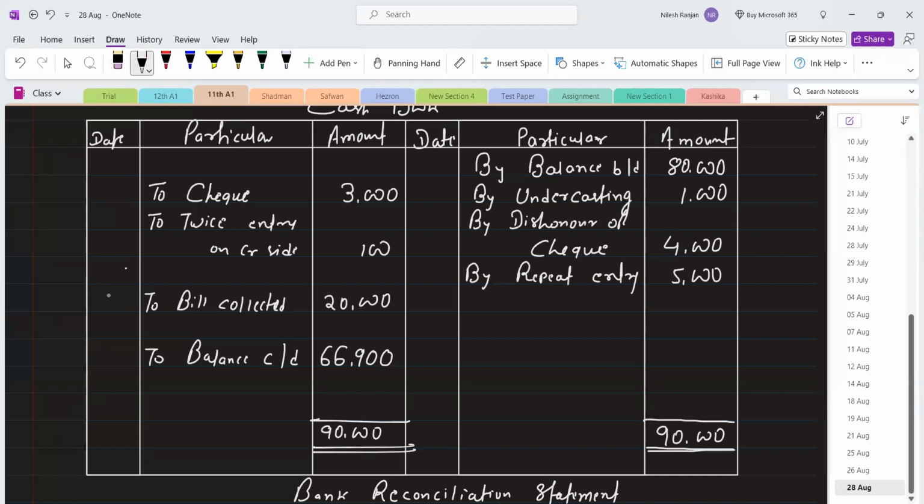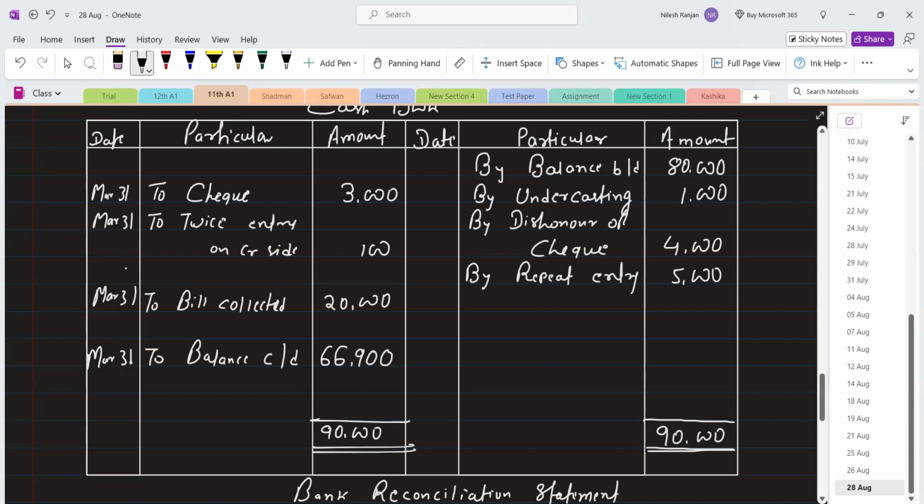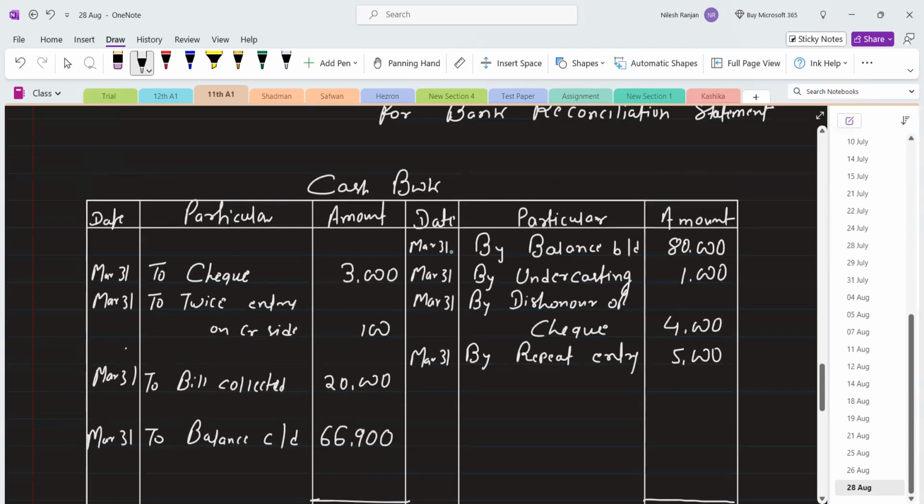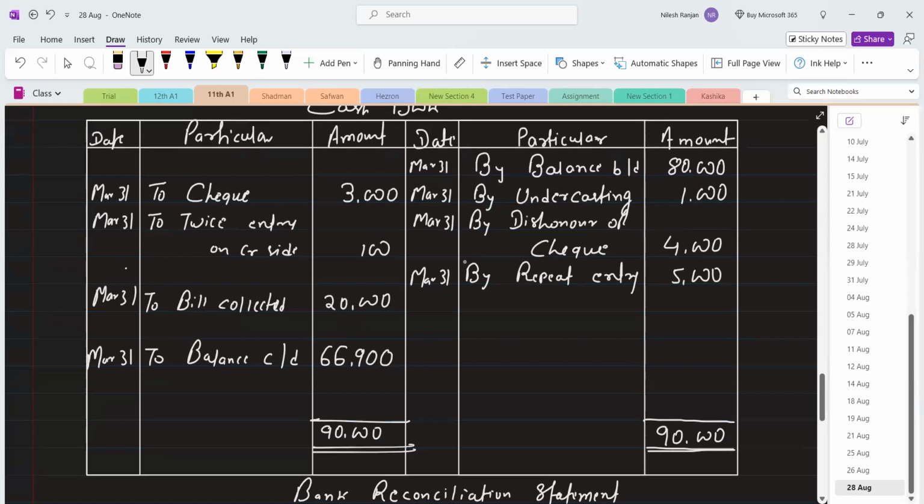So you can give all these dates as March 31st. Complete. Done. So this is your solution. Cash book and then bank reconciliation statement.